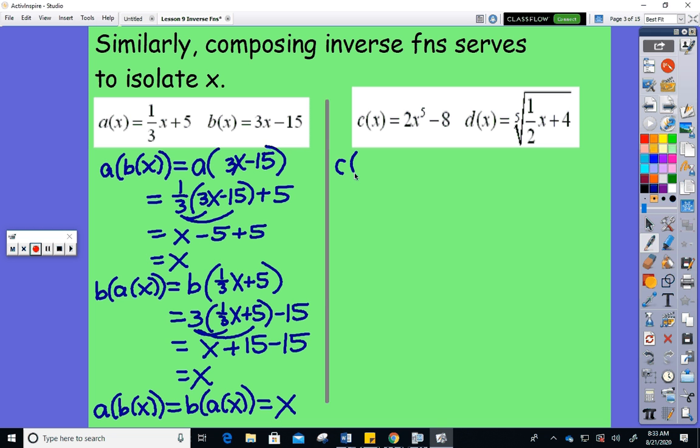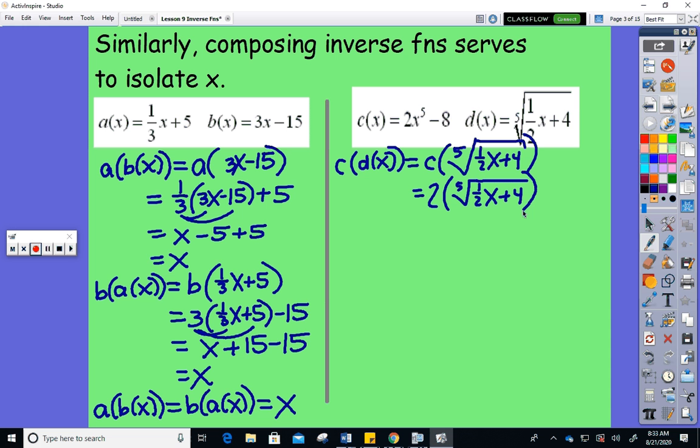So I'm going to do c of d of x the same way, and again, it should feel effortless. So step 1, tell me what the interior function is. What is about to be plugged in? Step 2, show me what it looks like to plug anything into c of x. Well, it's supposed to be 2 times whatever my input value is.